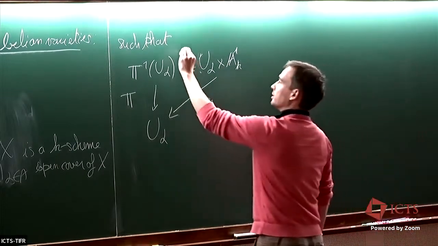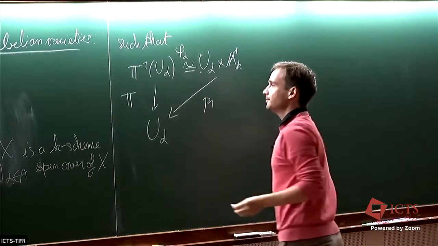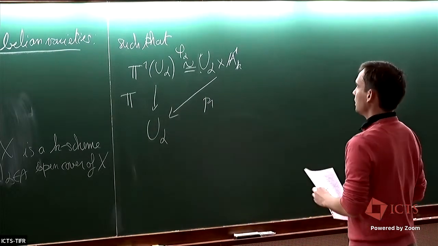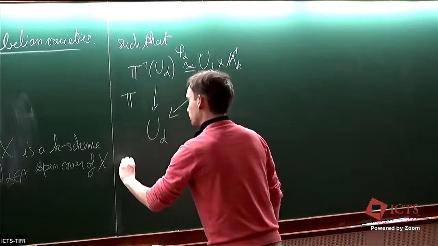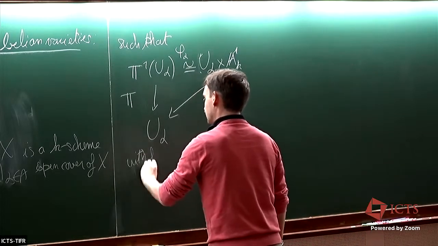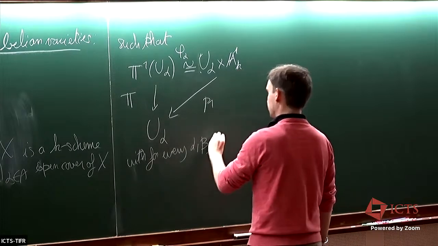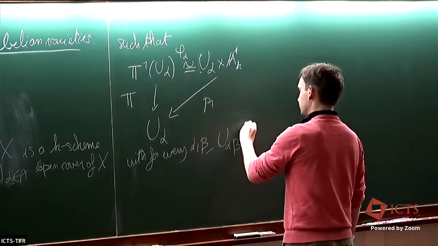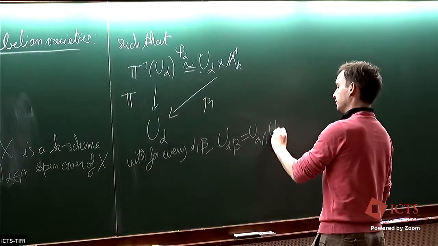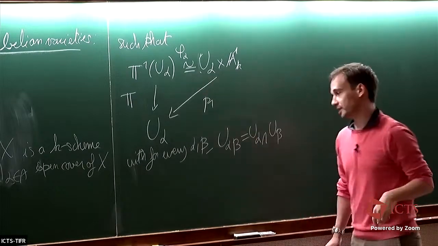And this will be phi_alpha. With, for every alpha, beta and U_alpha beta at the intersection, I want to say that I have chosen these kind of maps and they are compatible.